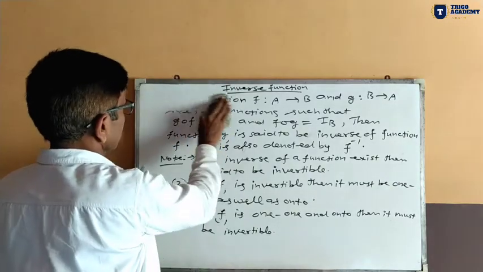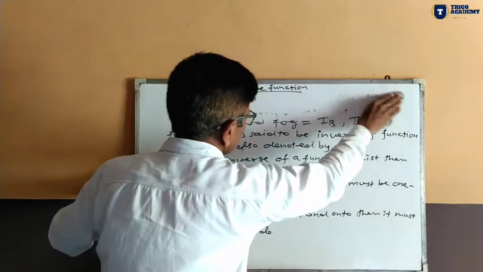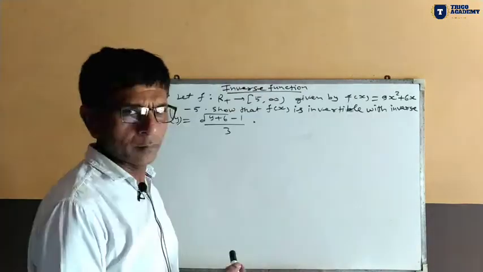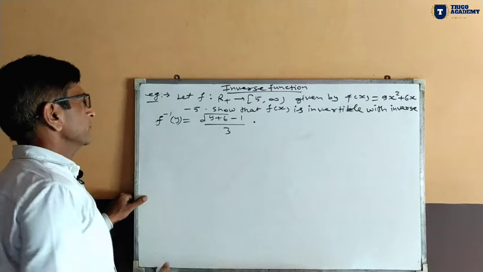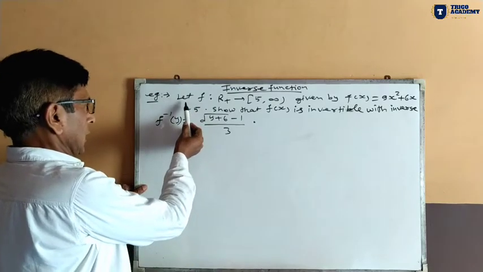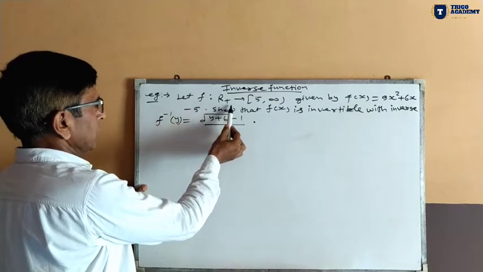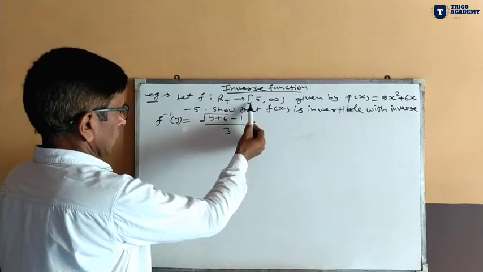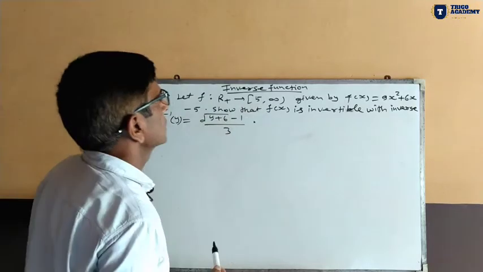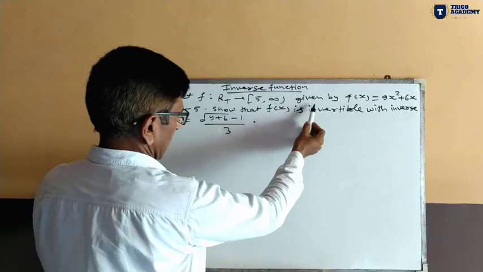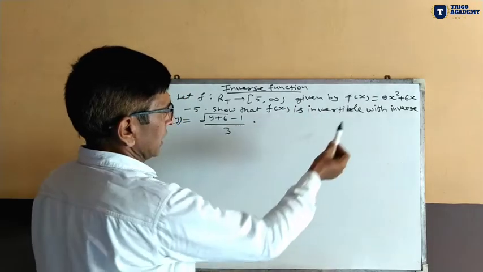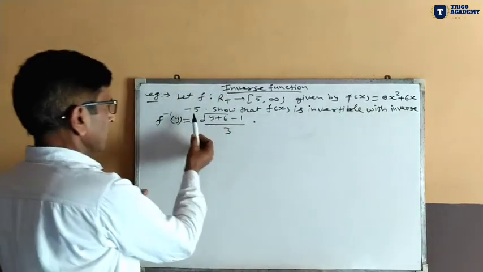After that, an example related to this. Now example: let f from R positive to the closed-open interval [5, infinity) be given by f(x) = 9x square plus 6x minus 5.